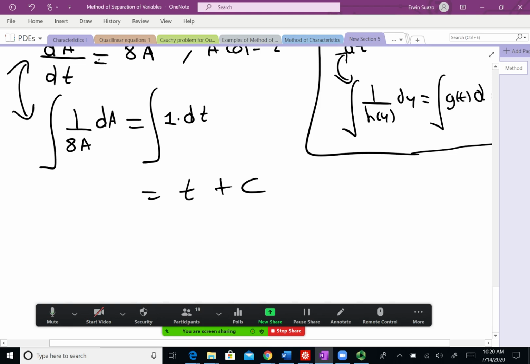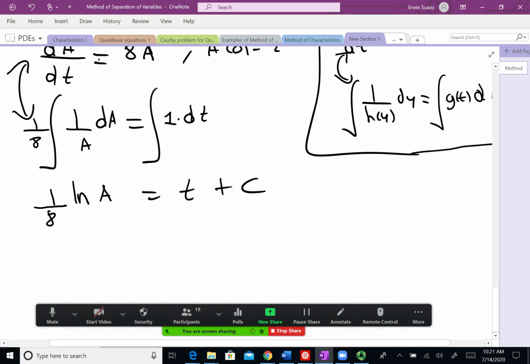And what is the integral on the left hand side? Yeah. So we take the 1/8 out of the integral, so basically that will save us on headaches. 1 over 8, I take it out, and then I got ln of A. So almost correct.